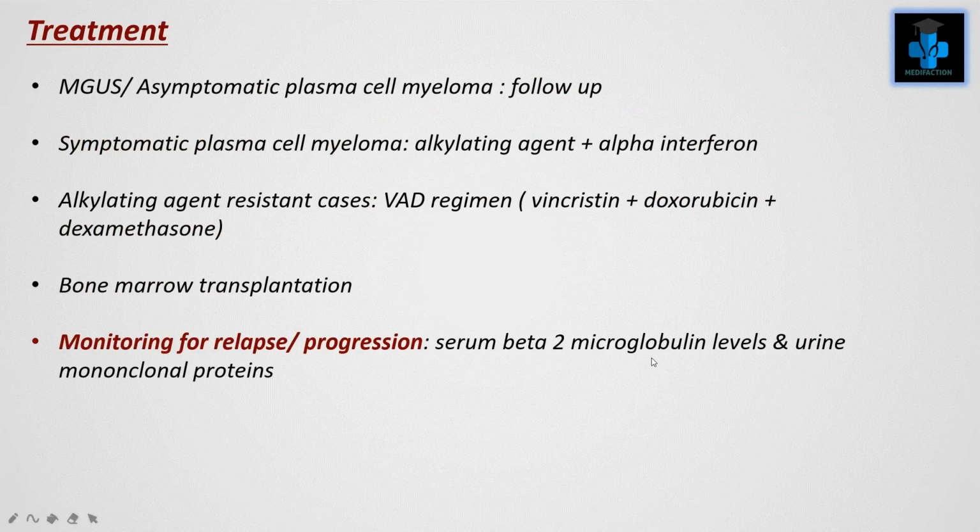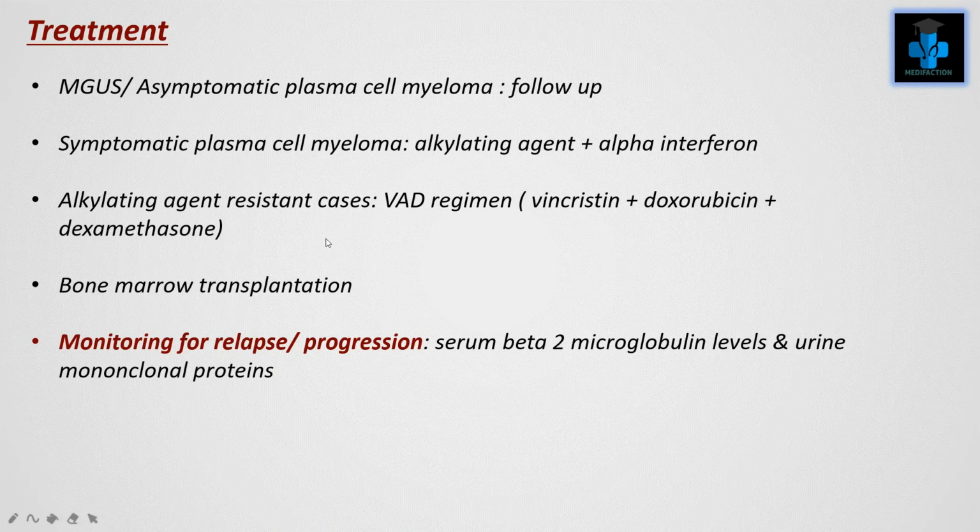Now let's move on to treatment. MGUS or asymptomatic plasma cell myeloma does not need any treatment but follow-up. In case of symptomatic plasma cell myeloma, they will be given an alkylating agent plus alpha interferon.